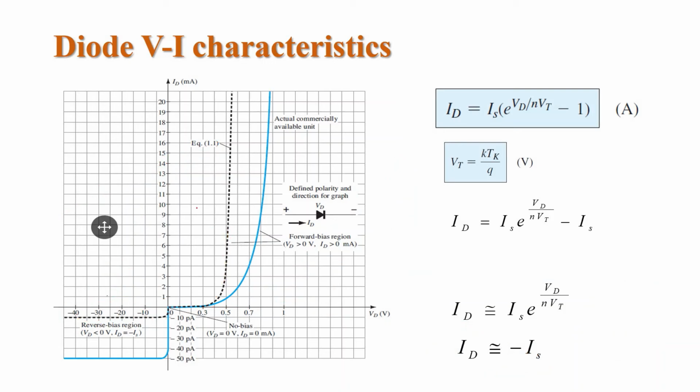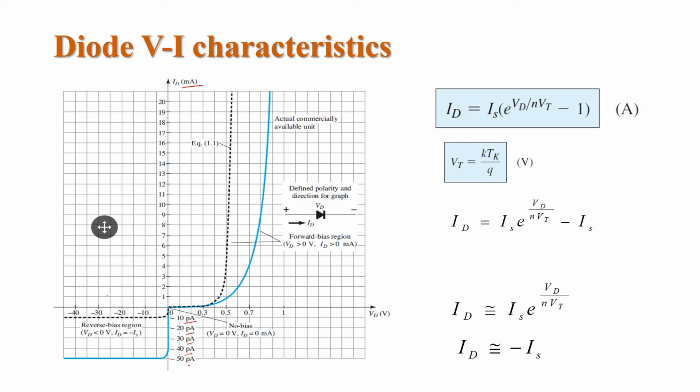What more is to be seen here is that this ID axis, that is the Y axis, in which we are representing the diode current, has currents 1, 2, 3, 4 like this up to 20 expressed in milliampere. All these are 1 milliampere, 2 milliampere, 3 milliampere, 4 milliampere, and likewise. But below this zero, whatever negative currents we have represented in this VI characteristics are in terms of picoampere.